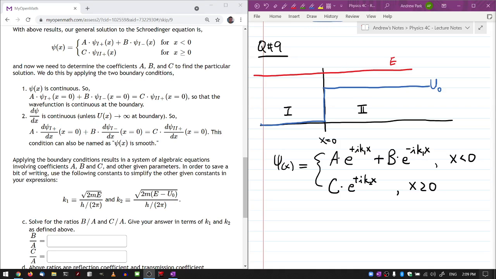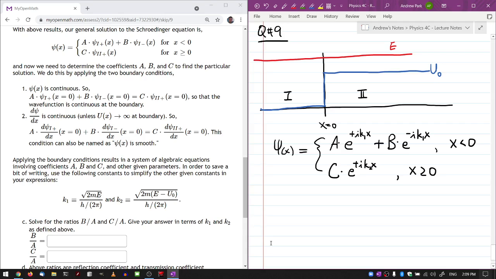Okay, so that's my general solution. So let me apply the boundary condition and write down the form of the algebraic system of equations that results from applying the boundary condition. So boundary condition 1 is the continuity of the wave function. So I end up saying at x equals 0, the form of the wave function on the negative side should equal the form of the wave function on the positive side. So I'm just going to plug in x equals 0 as I go.